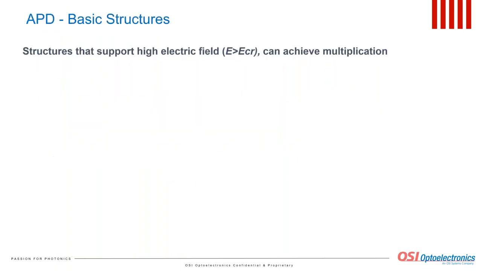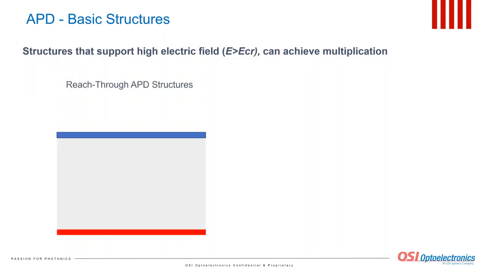So let's talk about basic structures of APDs. One of the main requirements for any structure is to support high electric field to achieve the avalanche effect. Let's discuss first the so-called reach-through structures. These are the structures that operate under a complete depletion of the whole thickness of the semiconductor active region, and the necessary critical electric field is supported by heavily doped anode and cathode.